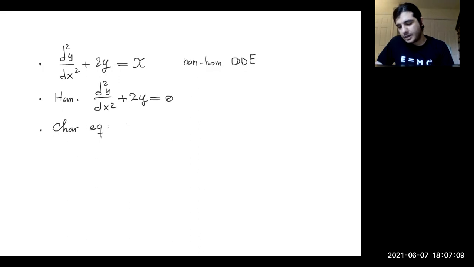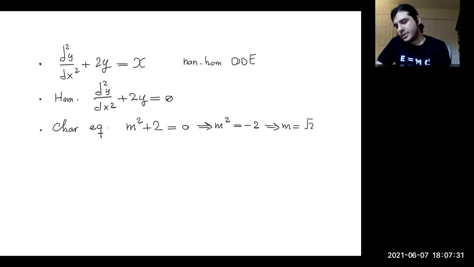It would be m squared plus 2 equals 0, right? So it means m squared is equal to minus 2. Therefore, m is equal to square root of 2 times i, and let's call that m1. m2 would be minus square root of 2 times i.